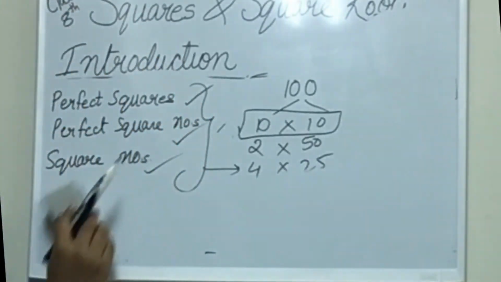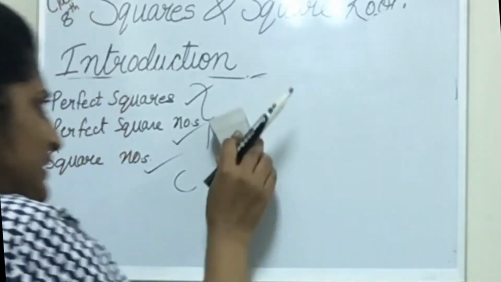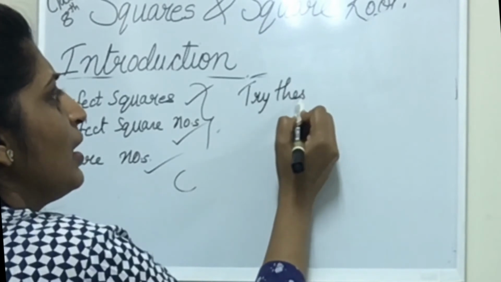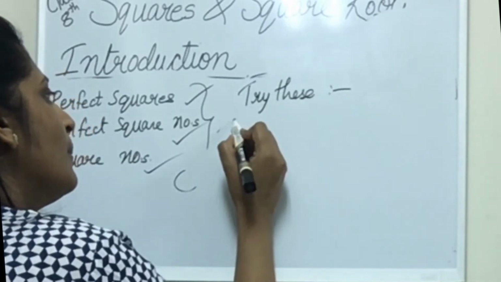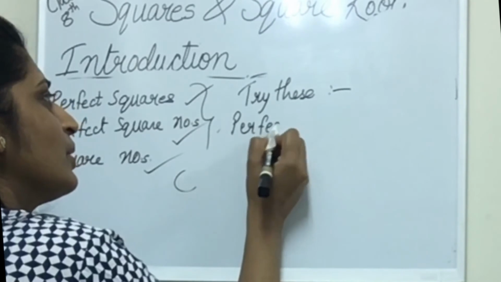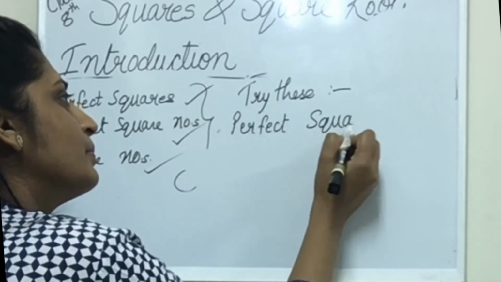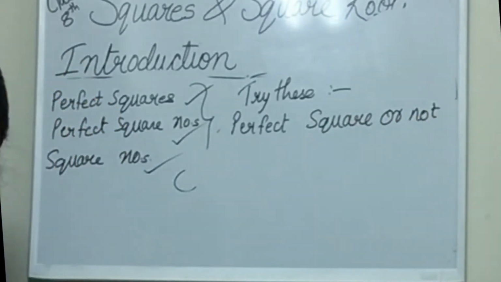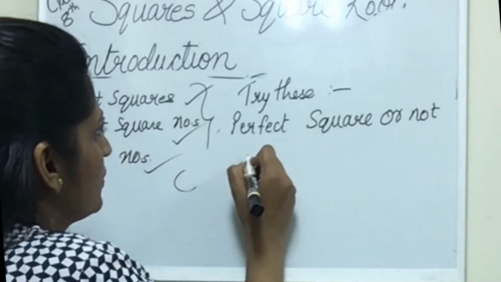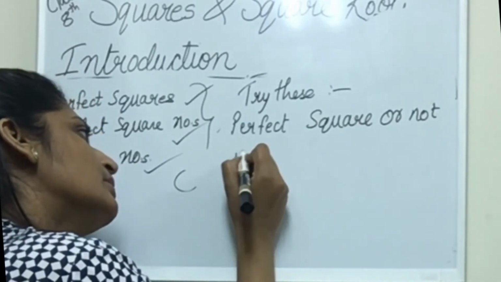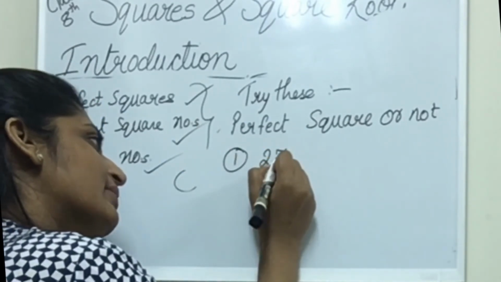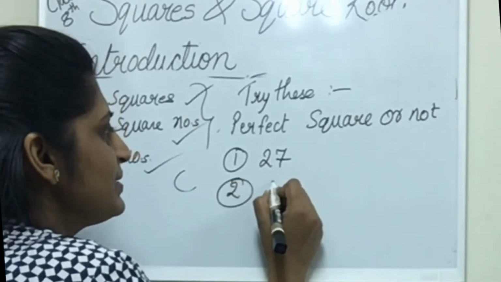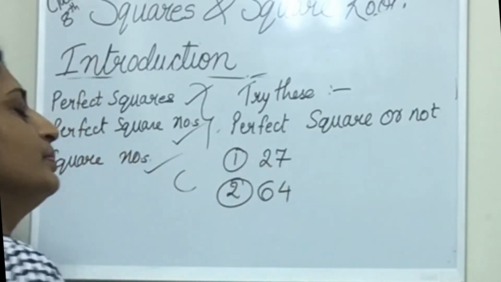Here are a few more sums for your practice. Try these, whether they are perfect squares or not. Simply write yes or no. My first number is 27. Okay. Second number is 64.